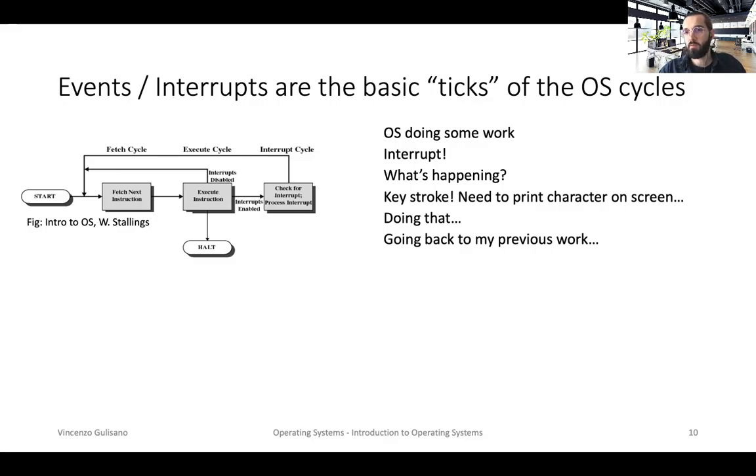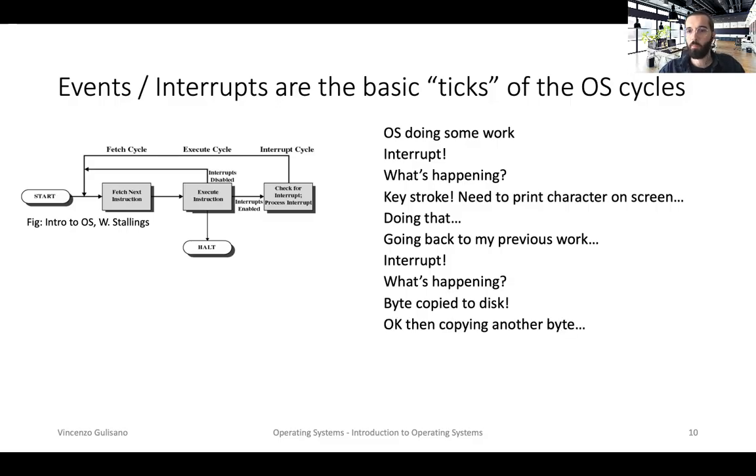Once it's finished, if there is nothing more to do, then it goes back to running Spotify. There is another interrupt. The operating system checks what is happening now. Okay, now it's the disk that has done something. Then I will tell the disk to copy something else. I will get another interrupt and so on.